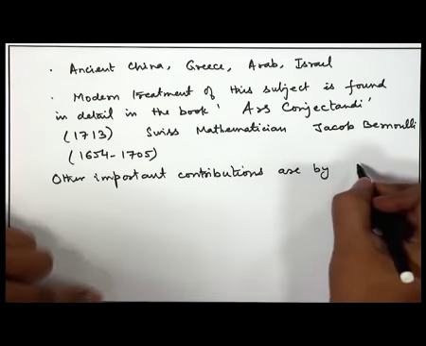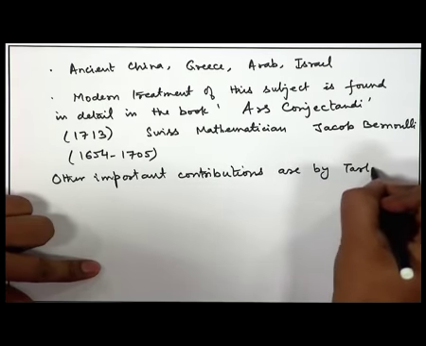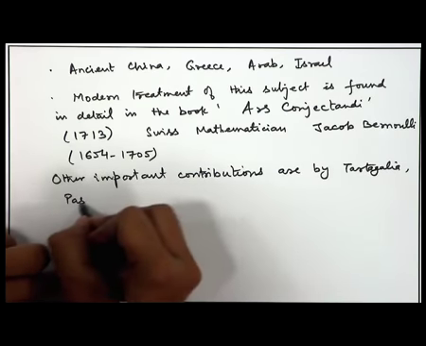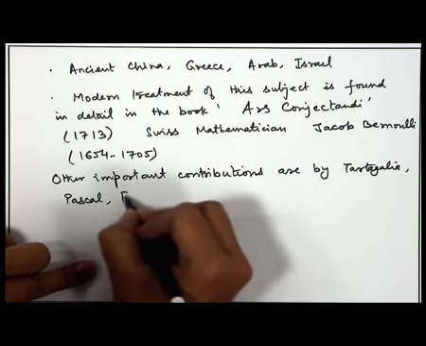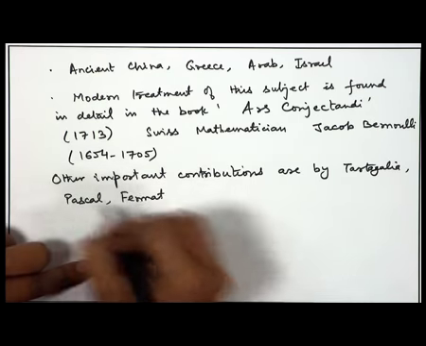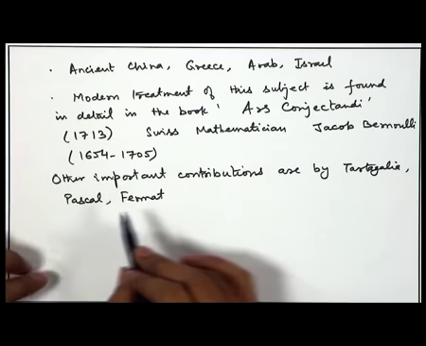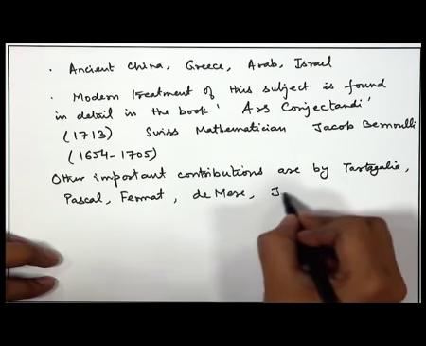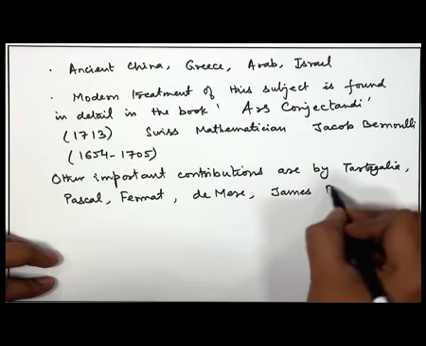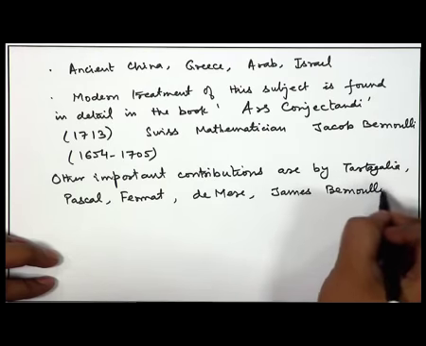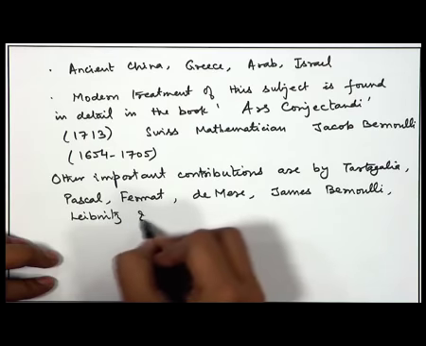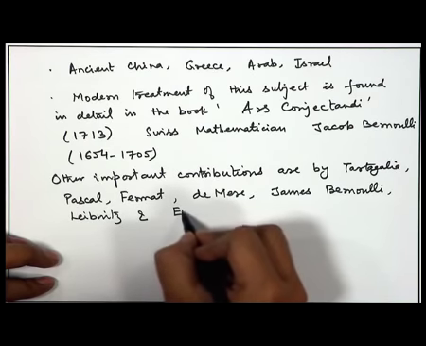Other important contributions are by Tartaglia, Pascal, the French mathematician, Fermat. So, these are the famous mathematicians who actually originated the theory of probability also. De Moivre, and from the Bernoulli family itself James Bernoulli, Leibniz and Euler.